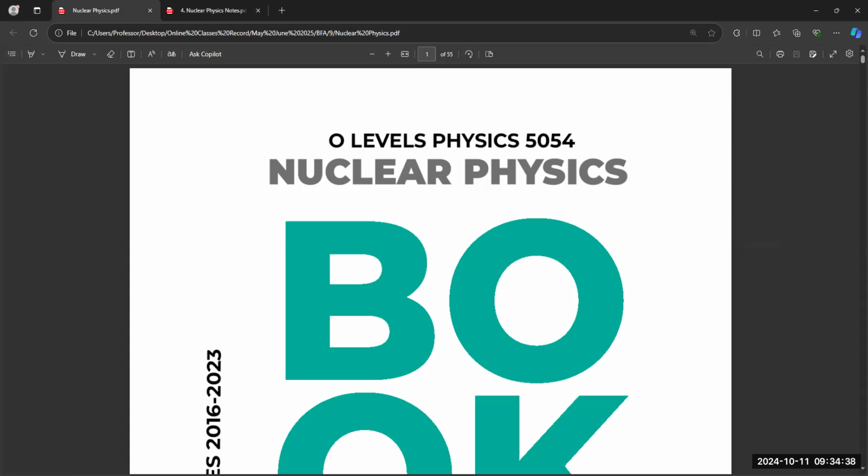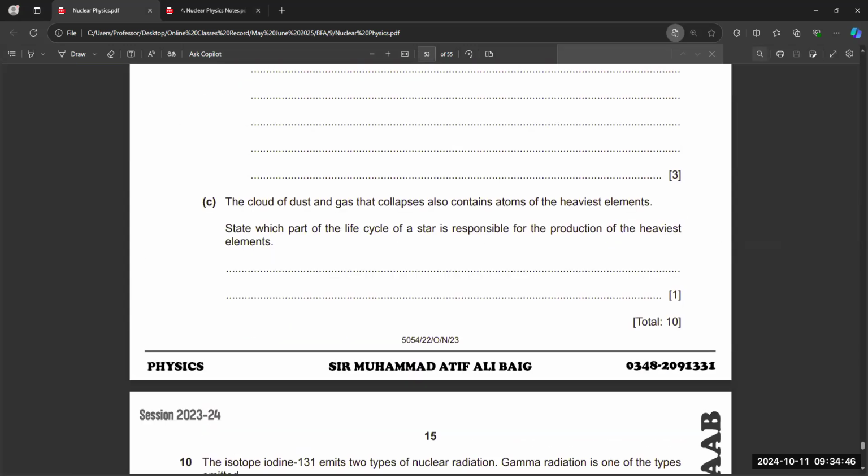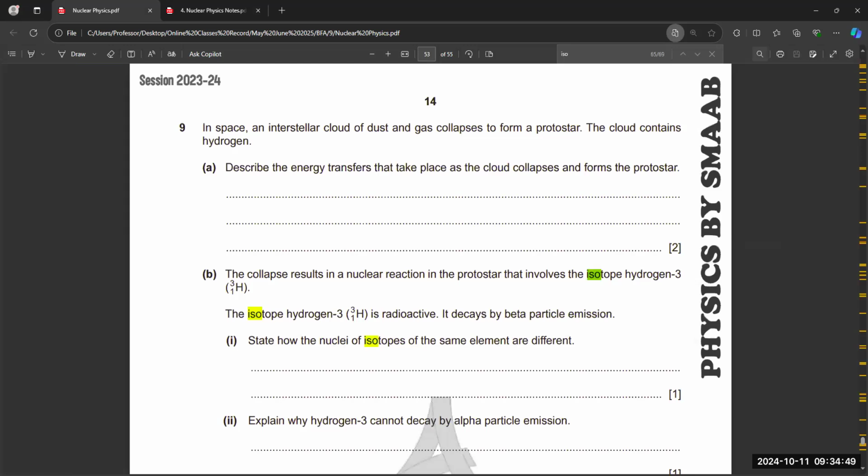First of all, we start from the latest questions, or you can also search from the file isotopes.